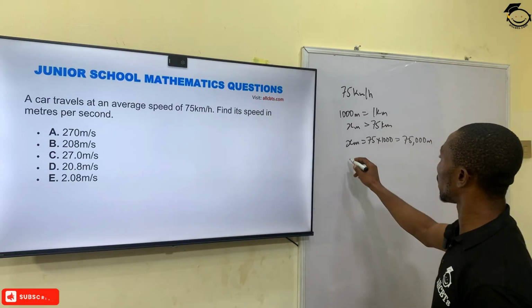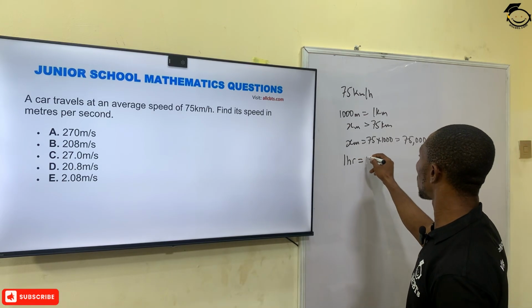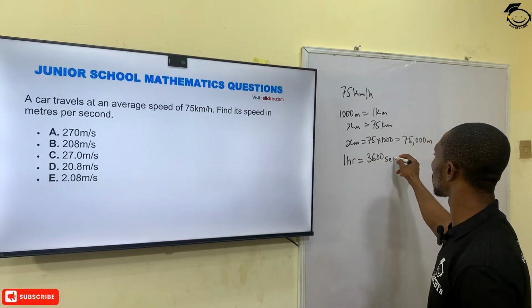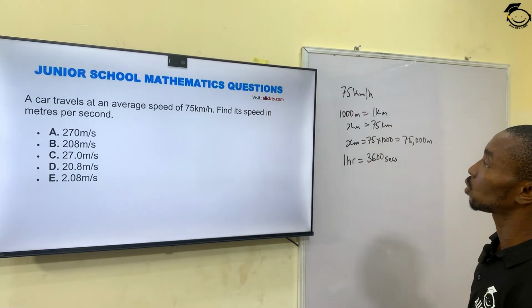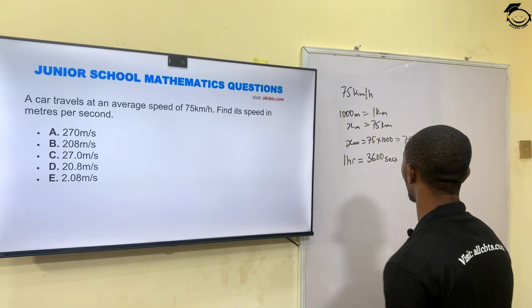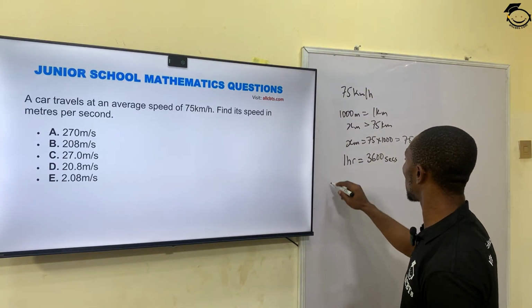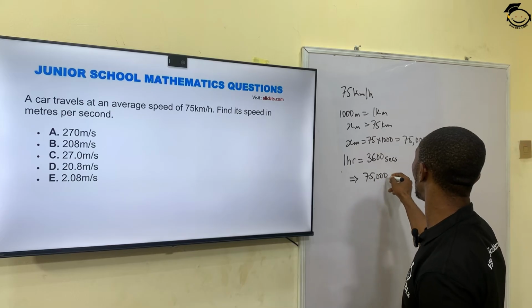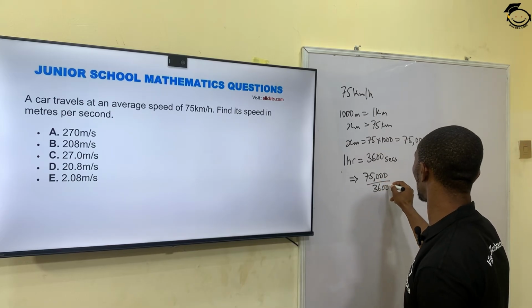Now, we also know that 1 hour equals 3,600 seconds. All right. Now, since we are asked to find the speed in meters per second, our speed in meters per second will become 75,000 divided by 3,600.